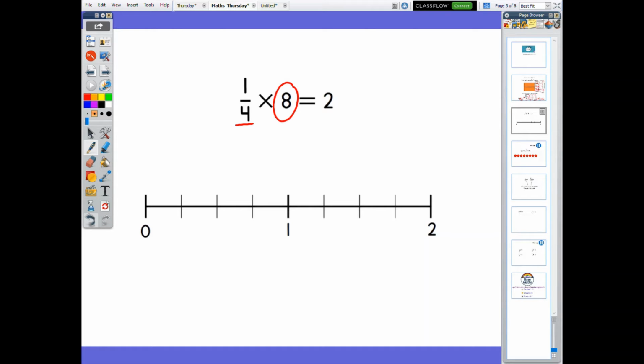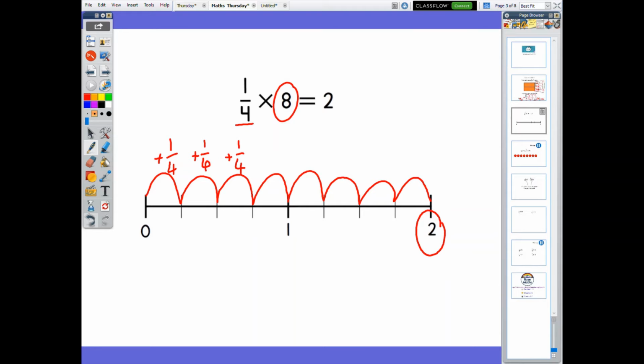So I've got 1, 2, 3, 4, 5, 6, 7, 8. Each time we're adding 1/4 on. So the answer would give me 2. Okay, so that's another way to work it out.